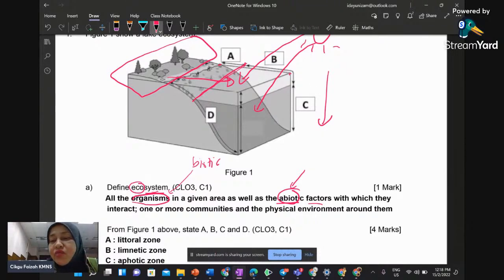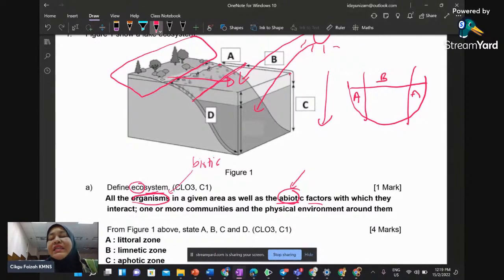Jadi kalau cikgu draw the lake, this will be the A, the littoral zone, and this will be the B, the limnetic zone. Ini adalah zonation yang teacher nak you all faham, about the name of it.